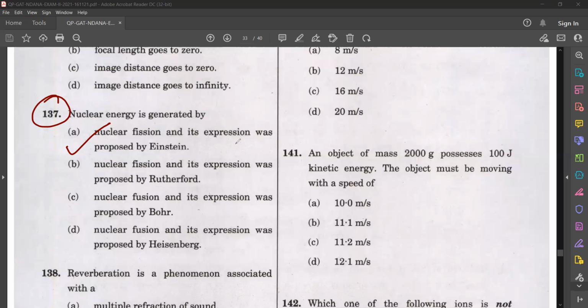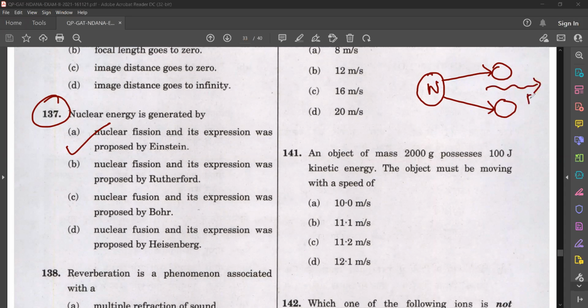Listen carefully. We know how nuclear energy is coming. We have a heavy nucleus, and this nucleus splits, and it changes into two smaller nuclei, and along with this, some amount of energy is released.